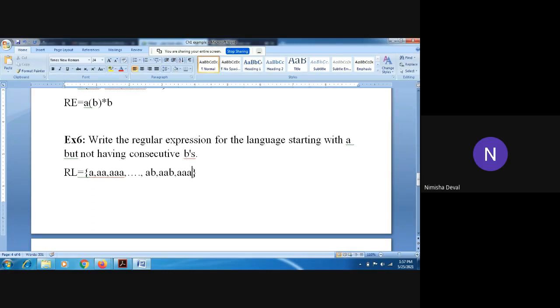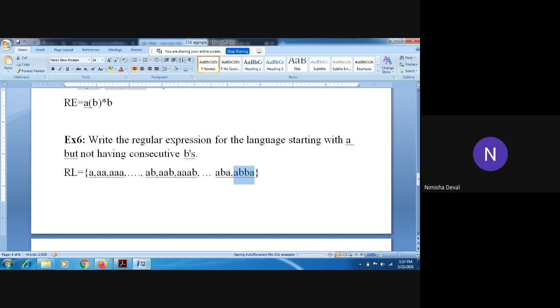Triple ab is also applicable. Okay, these strings are acceptable for our language. Next, aba is also allowed because our rule for this expression is: language starts with a but does not have consecutive b's. So aba is allowed, right? Then abba, is it allowed?